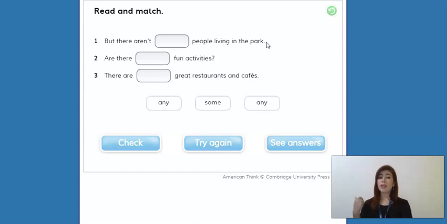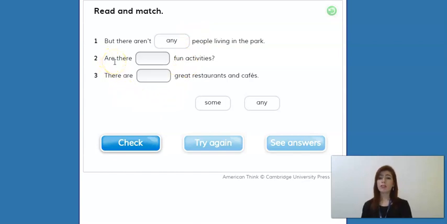We saw in the exercises before that when we have a negative sentence, even if it's not a question, we can use any, right? Because here, aren't is showing us, and also people is showing us that the sentence is in plural, okay?